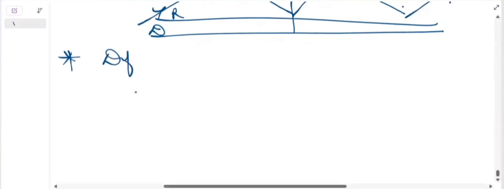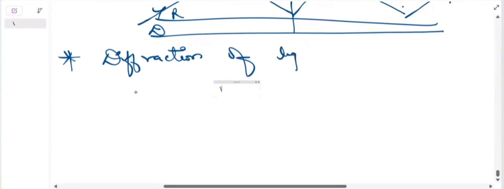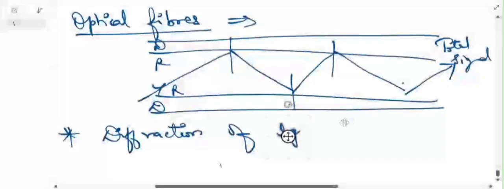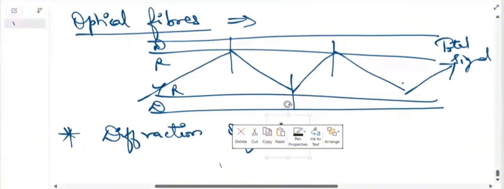Now let's do another topic, and that is diffraction of light by a single slit.